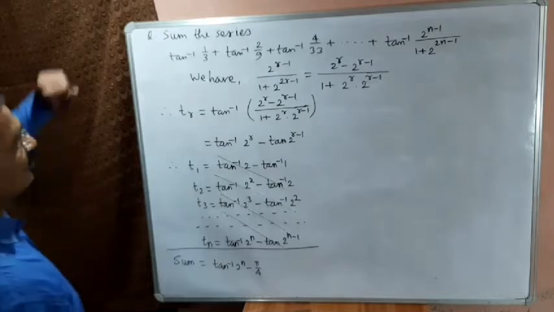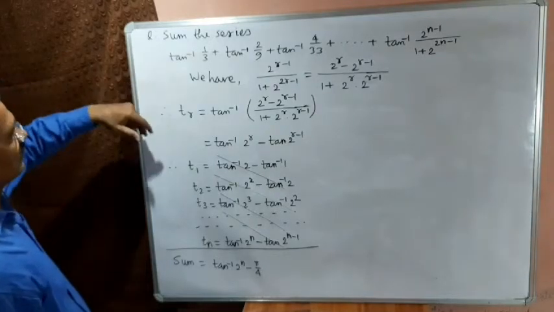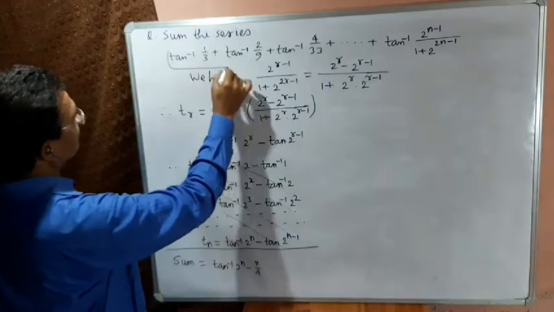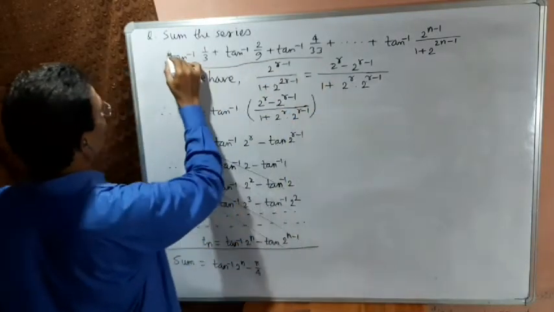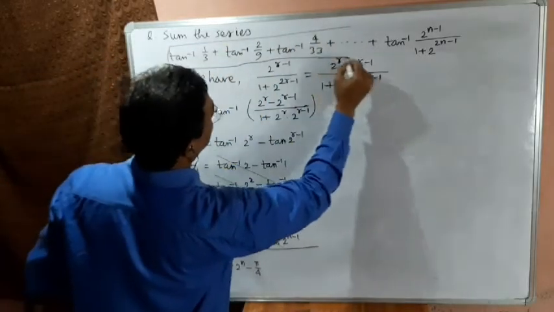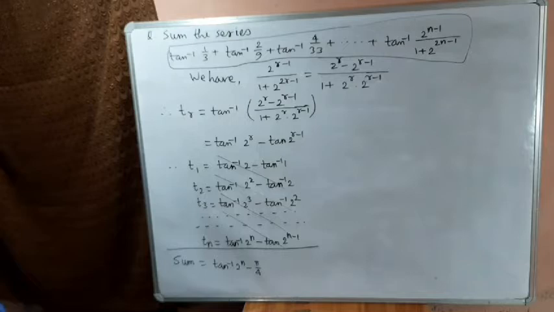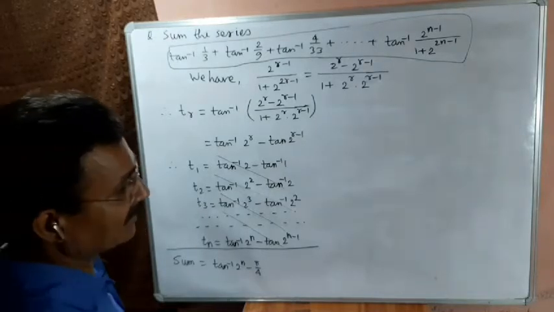In the next question we have to find the sum of this series. You are seeing what the series is: tan inverse 1 by 3 plus tan inverse 2 by 9 plus tan inverse 4 by 33 plus dot dot. The last term is tan inverse of 2 to the power n minus 1 by 1 plus 2 to the power 2n minus 1.